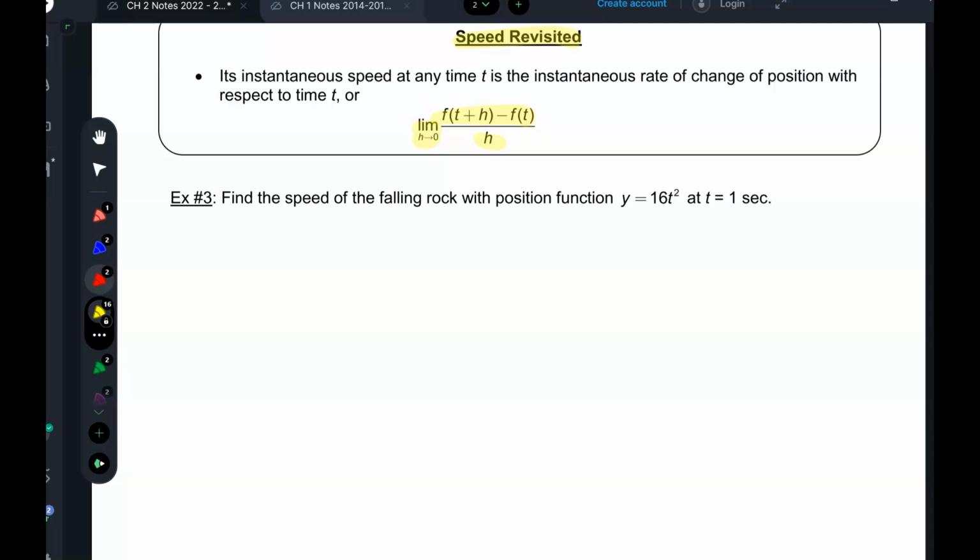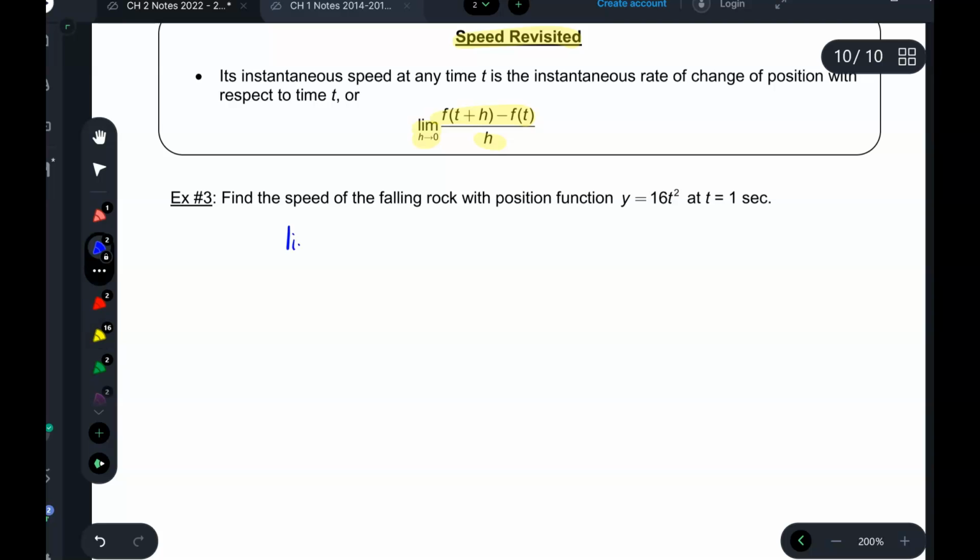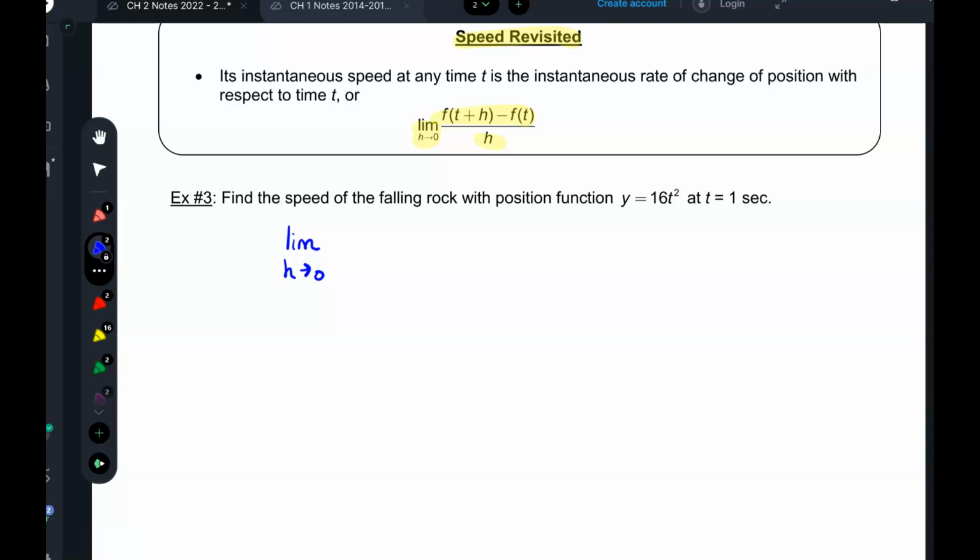Okay, so do we want to plug in t to start, or do you want to find the formula again and then plug in t? You like finding the formula and then plugging in? Okay, just so you know, I have no preference.